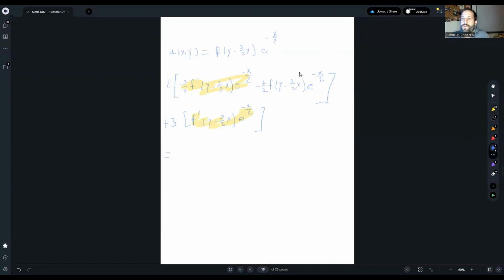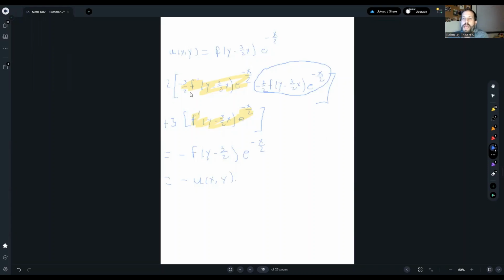And then I'm just going to be left with this term here. When I multiply it by 2, the 2's cancel, and this is minus f of y minus 3/2 e to the minus x over 2. But notice this is just equal to minus u of x, y.